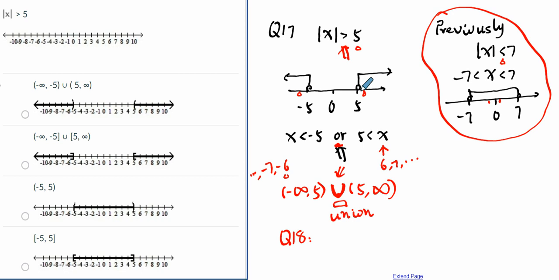Because again, 5 is not included, you will use a round bracket, and here, negative 5 is not included, because there is no equal sign here, you can see. So they both use round brackets, okay?